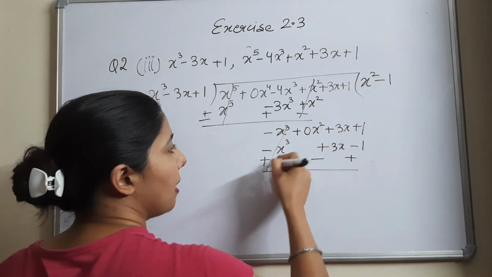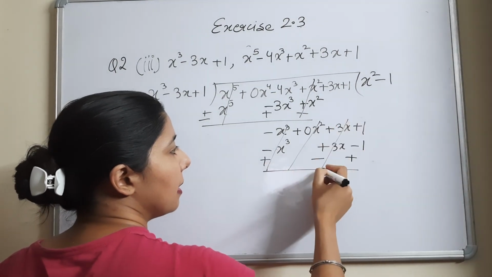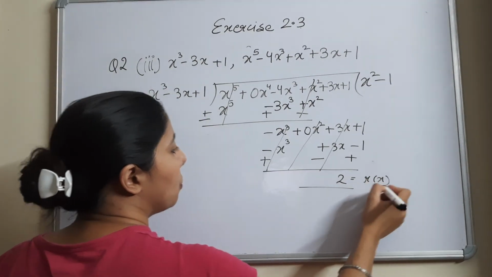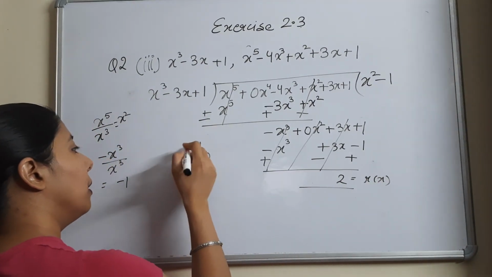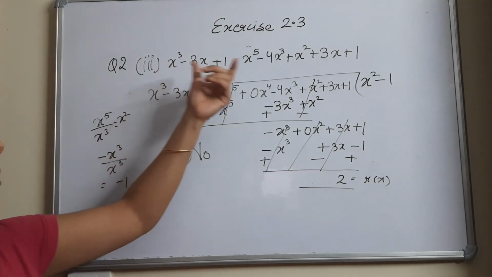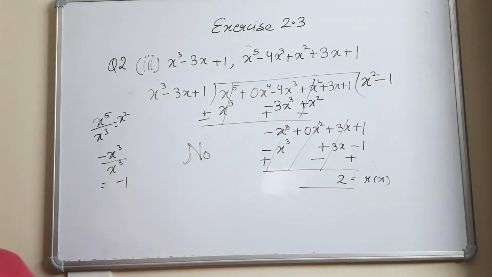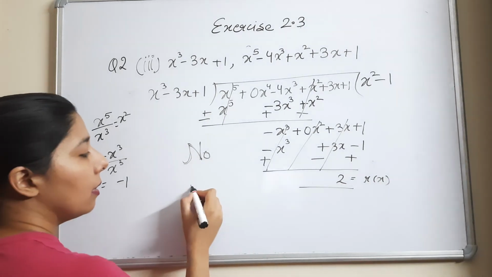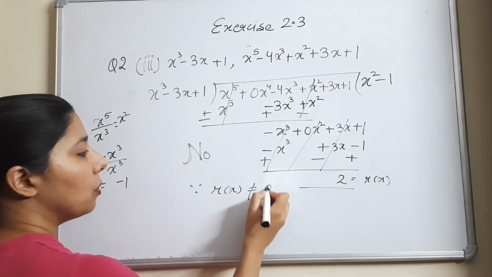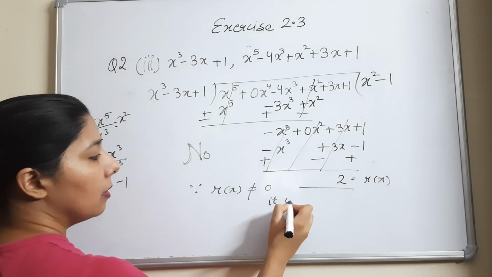And this cancels out. This is 0. This cancels out and you are left with 2. So the remainder here is 2. So you can write no. No, the first polynomial is not a factor of this polynomial because the remainder is not equal to 0. It is 2.